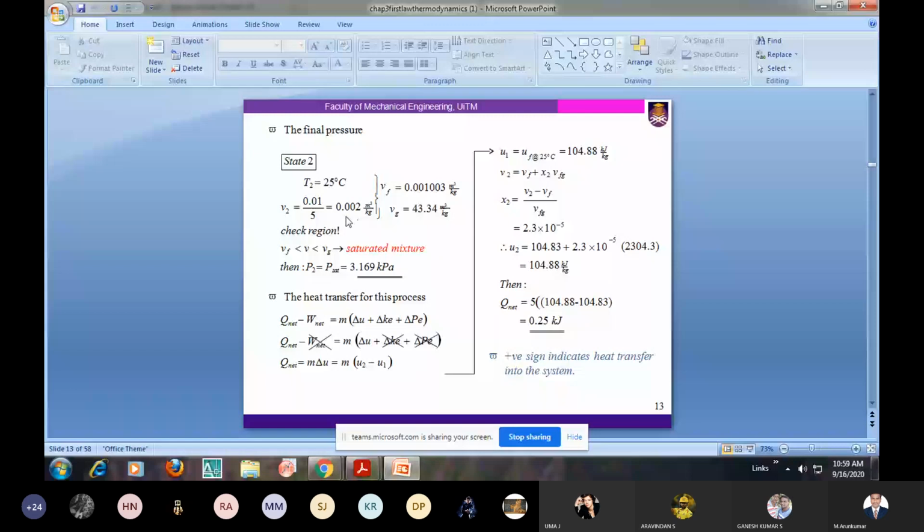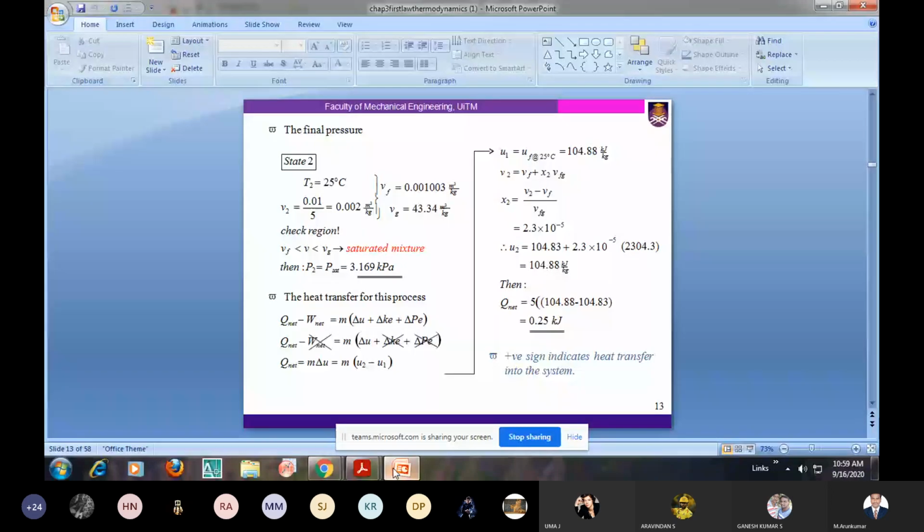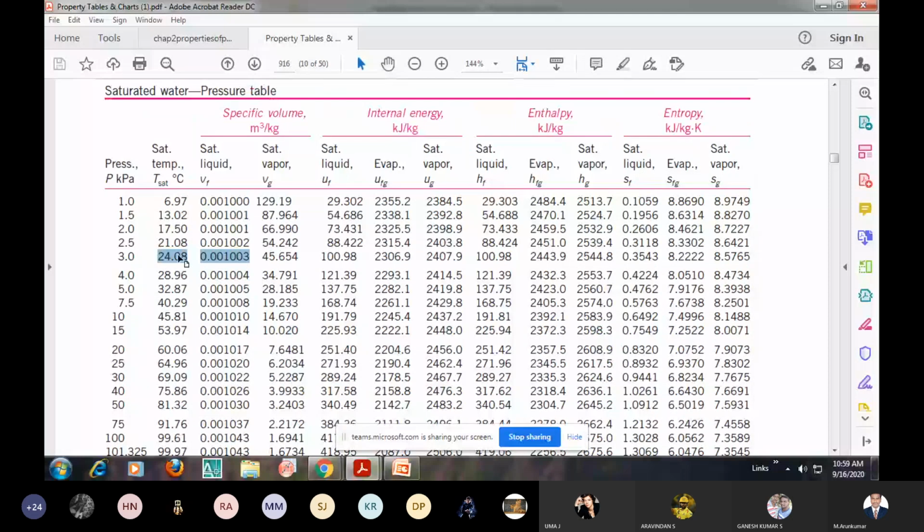As you know already, we have to compare this specific volume in your property tables. We can take the corresponding value at a temperature of 25 degrees Celsius. You can go to your temperature table.